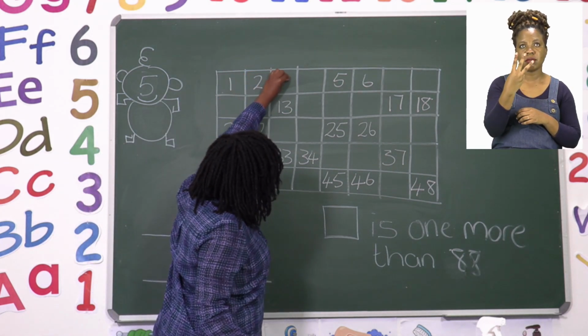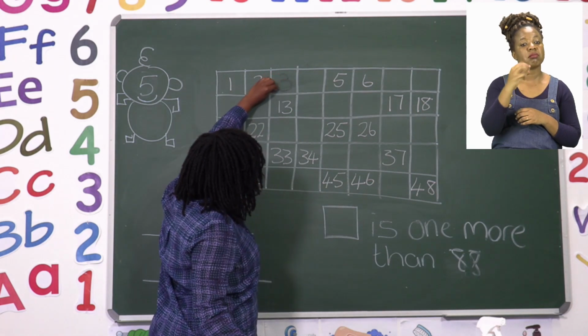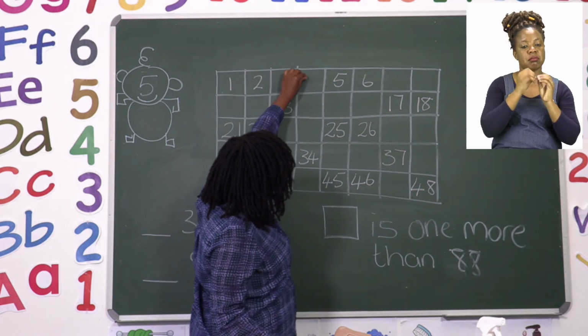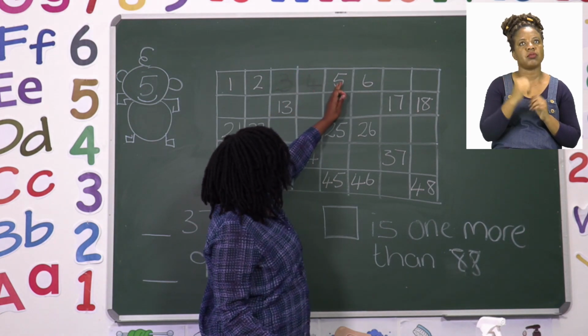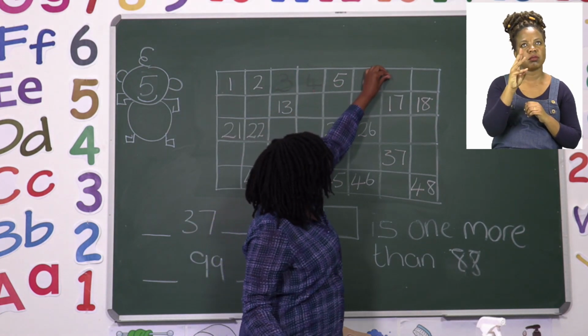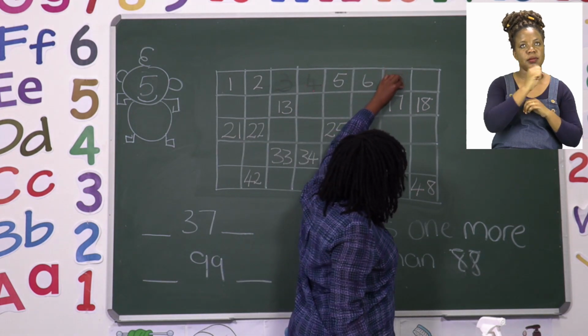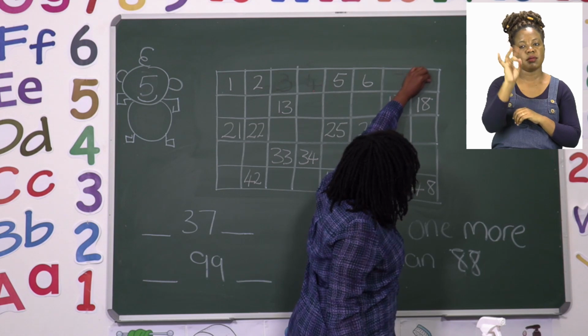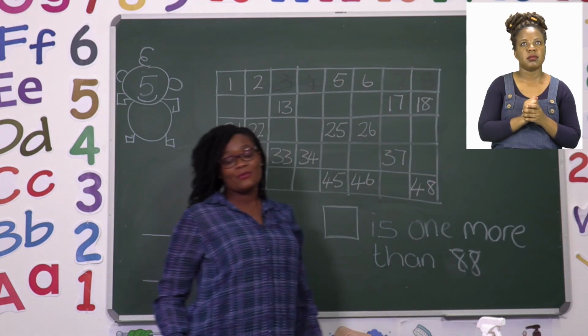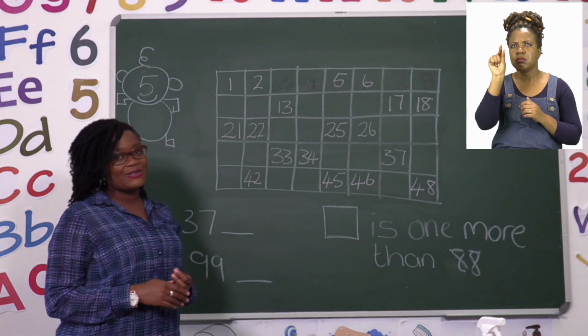The number missing is 3. The next number missing is 4. 5, 6, the next number missing is 7, and the next number missing is 8. If there are any more numbers missing in that row, you are going to fill in by yourself.